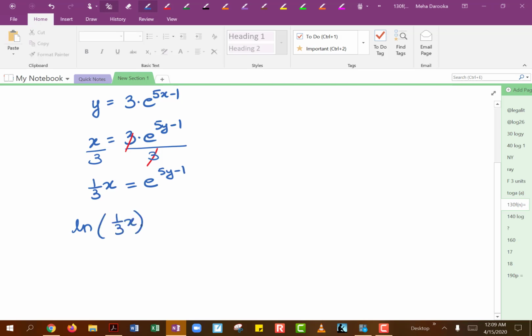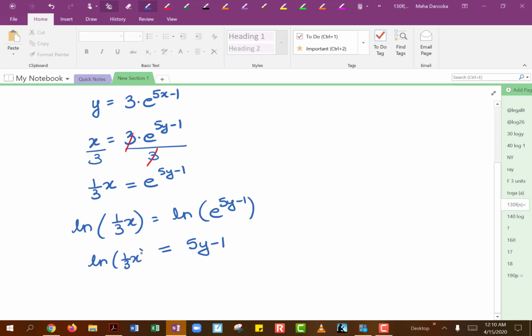We are doing this because natural log also has base e, and this right hand side exponential function is also base e, right? So since they are both base e, using that explanation we did back in example 7, these will end up giving us 5y minus 1 as our answer, and this side will basically just stay as 1/3 x inside that natural log.